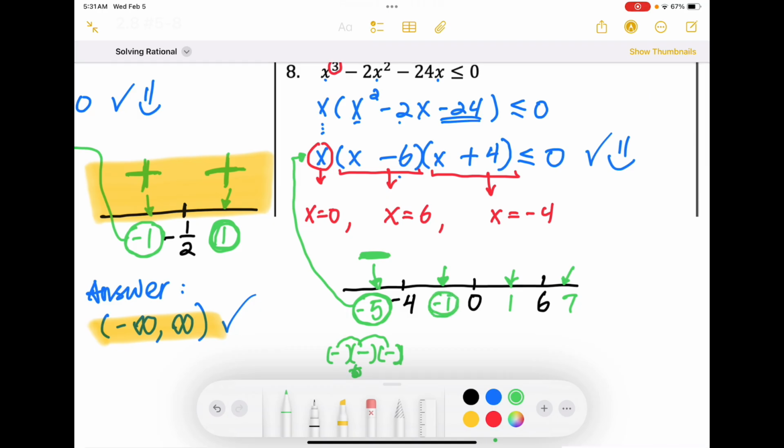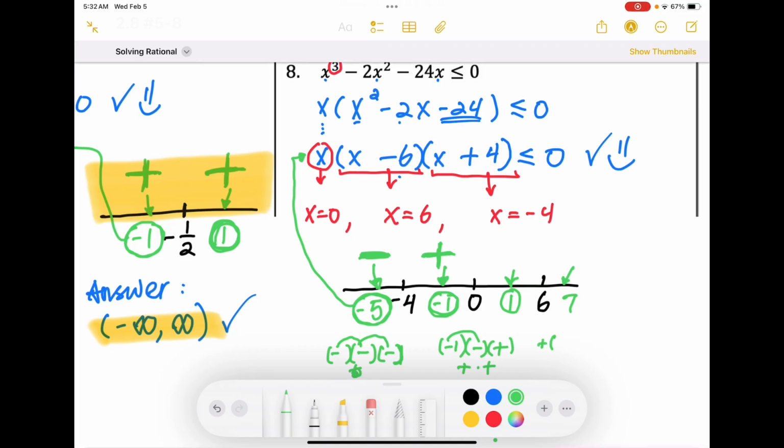Check. All right, when I plug in -1 back to my original equation, I got -1 times -1 minus 6, still negative, and -1 plus 4 will be positive. So negative becomes positive, and positive times positive, the final answer is what? Positive. So I got positive right here.